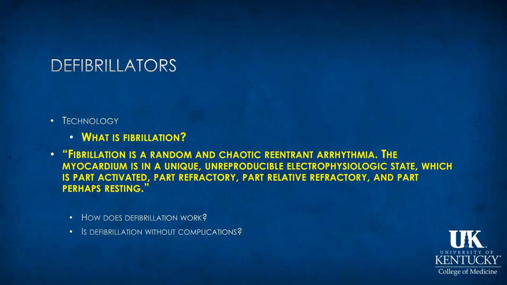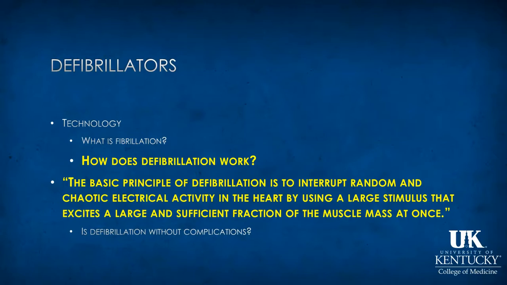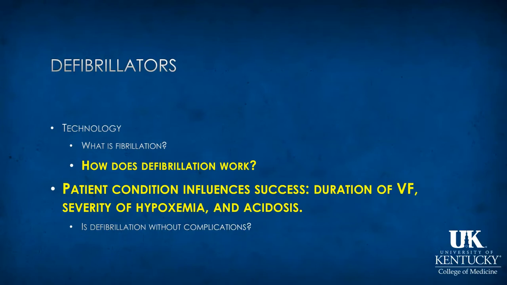And the myocardium is in a unique, unreproducible state, which is part activated, part refractory, and part relative refractory, and part perhaps resisting. The basic principle of defibrillation is to interrupt random and chaotic electrical activity in the heart by using a large stimulus that excites a large and sufficient fraction of the muscle mass at one time.